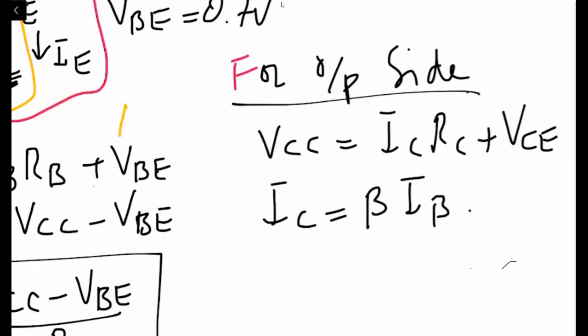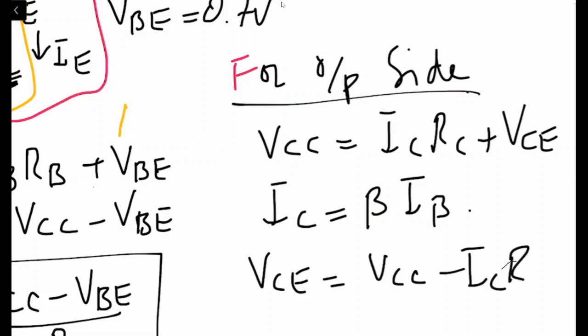And if we just play around with the equation, what we can get is VCE is equal to VCC minus ICRC, right?